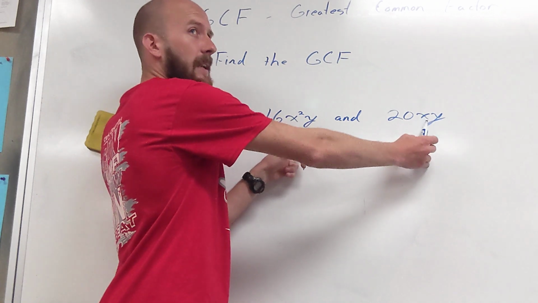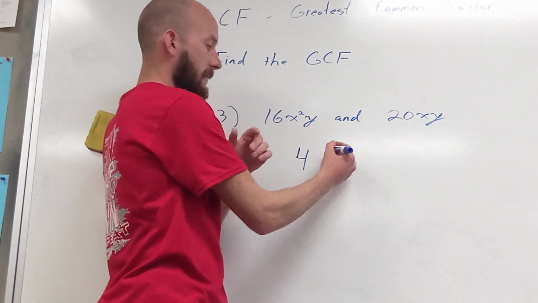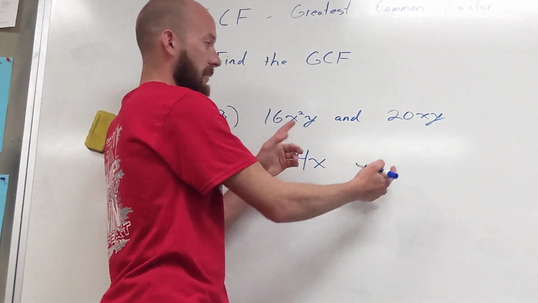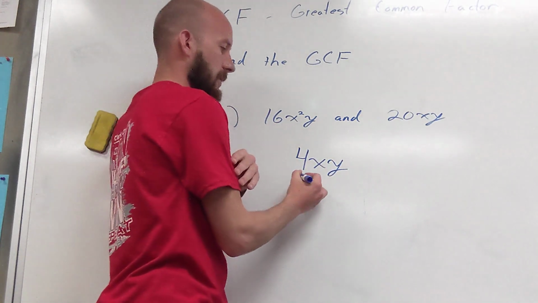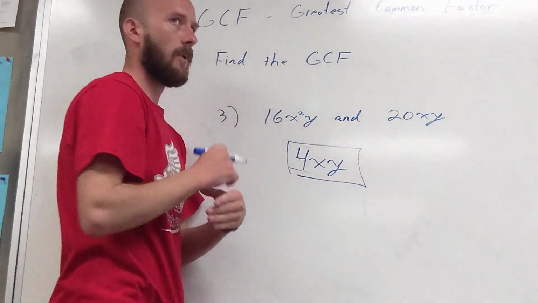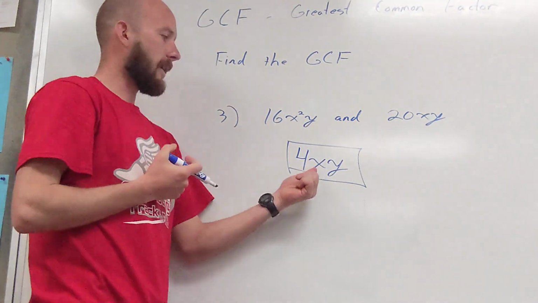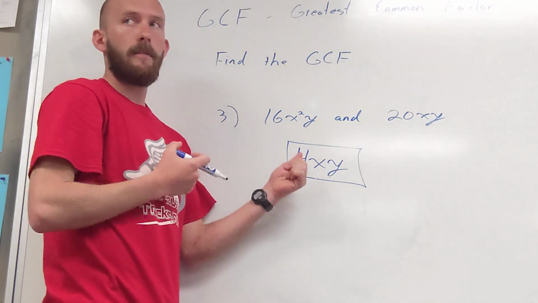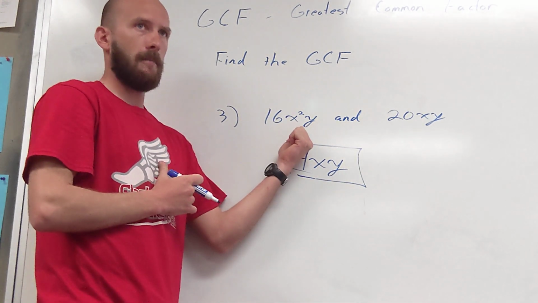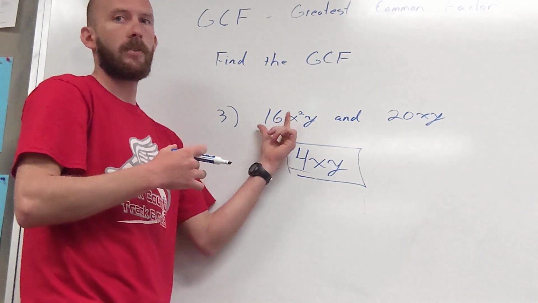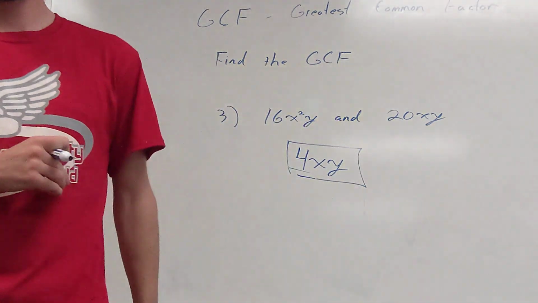So x squared and x only have a GCF of 1x. And then they both have a y in common. So my GCF would be 4xy. And I can also think about it: I can take this factor and multiply it by something to get both of these. It is a factor of both terms.